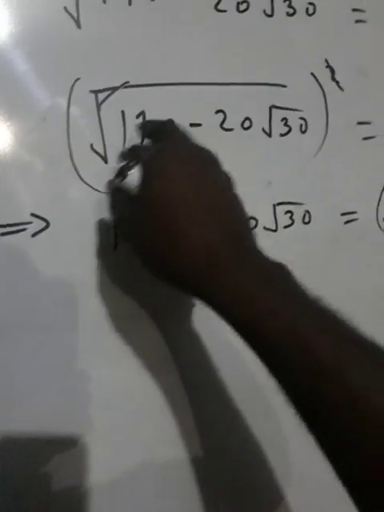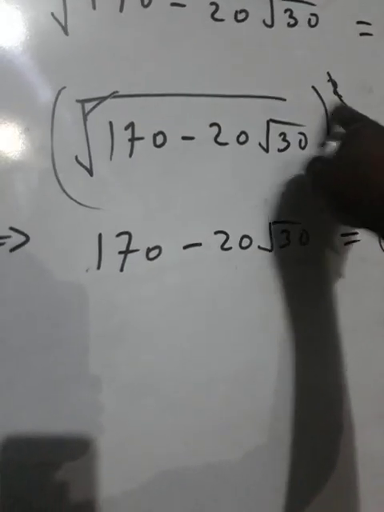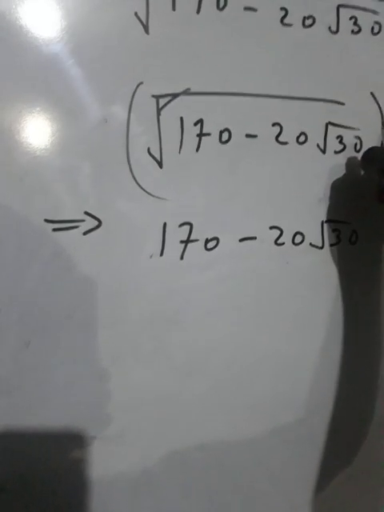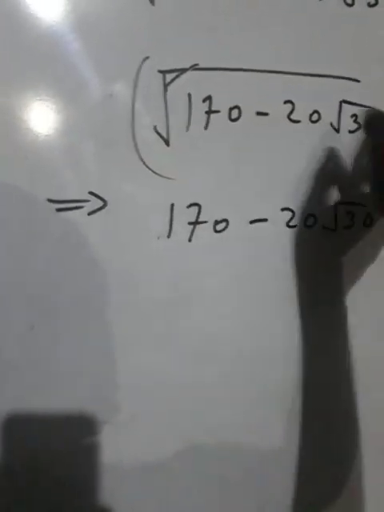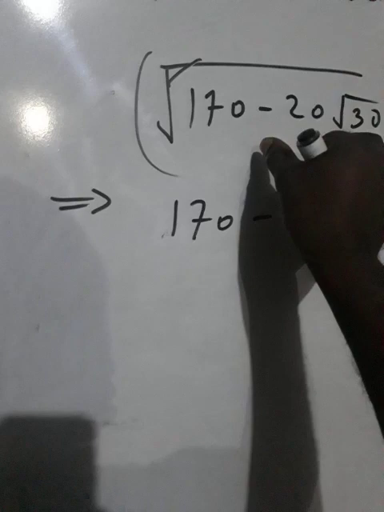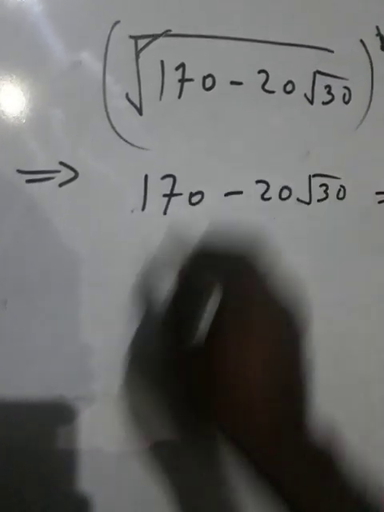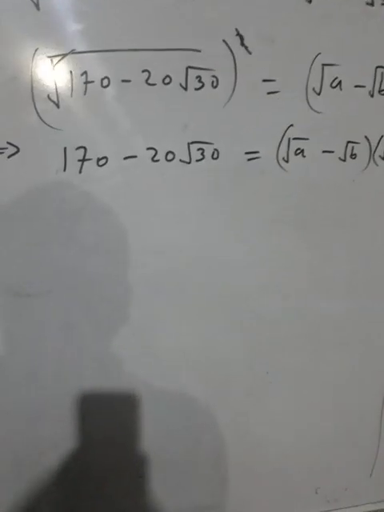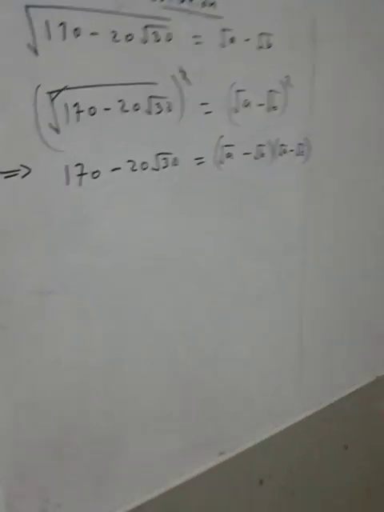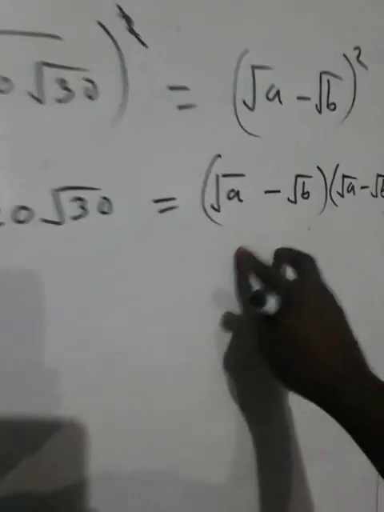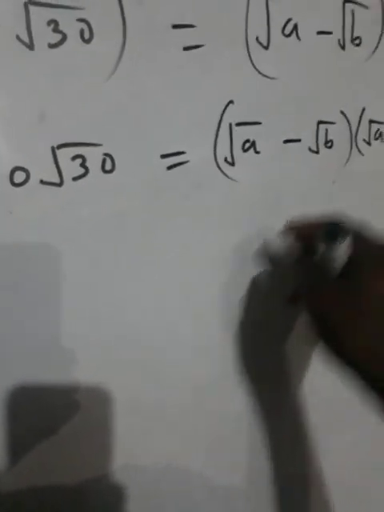Square will cancel square root because square is the inverse of square root. So both will cancel, and the value that will remain will become the content inside the radical. Okay, so at this point we open these brackets and expand to know the actual value.